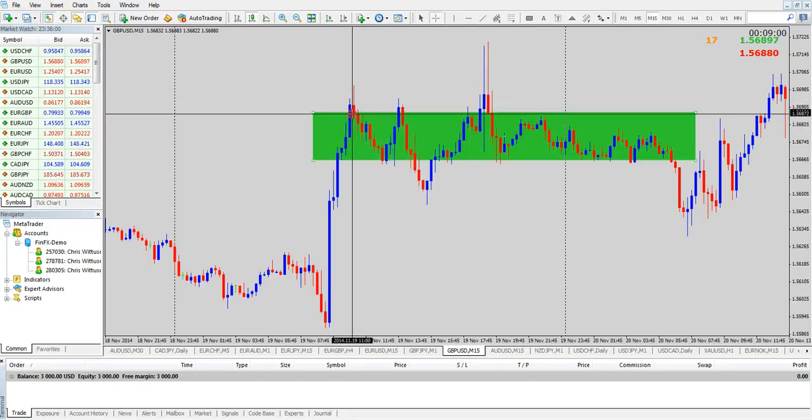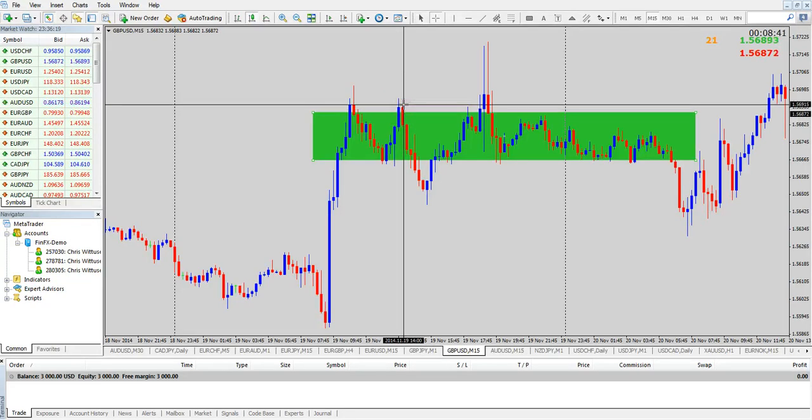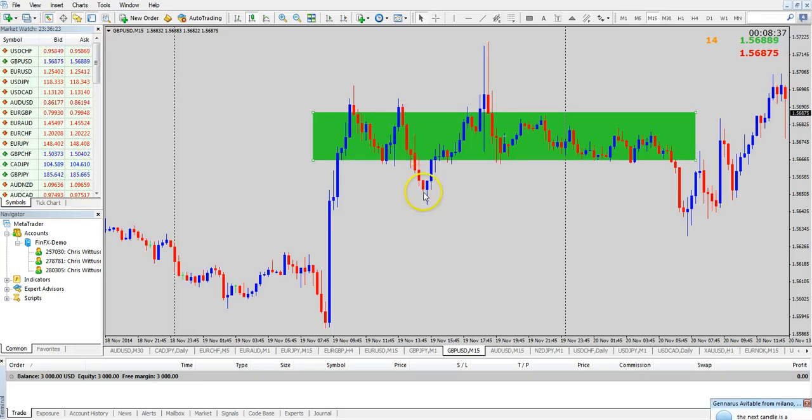So on this breakout, the next candle didn't confirm the breakout. So you would not have entered. It goes back into the box. It breaks out again here. Now you wait for the next candle. Again, you didn't get a confirmation candle. You should have gotten a blue candle, right? You didn't get that.